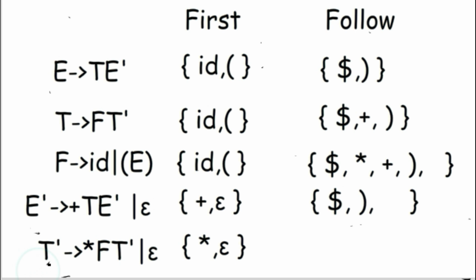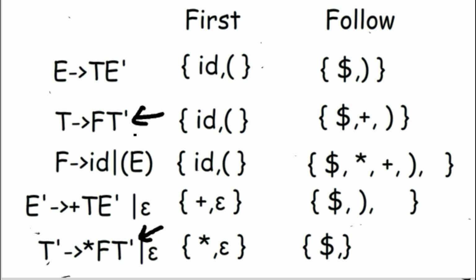Now let us try to find the follow of T dash. First, T dash is a start symbol, so we will write dollar as the first follow. Now we know that for follow we have to look at the right hand side. In the right hand side there is a T dash here and then there is a T dash here.